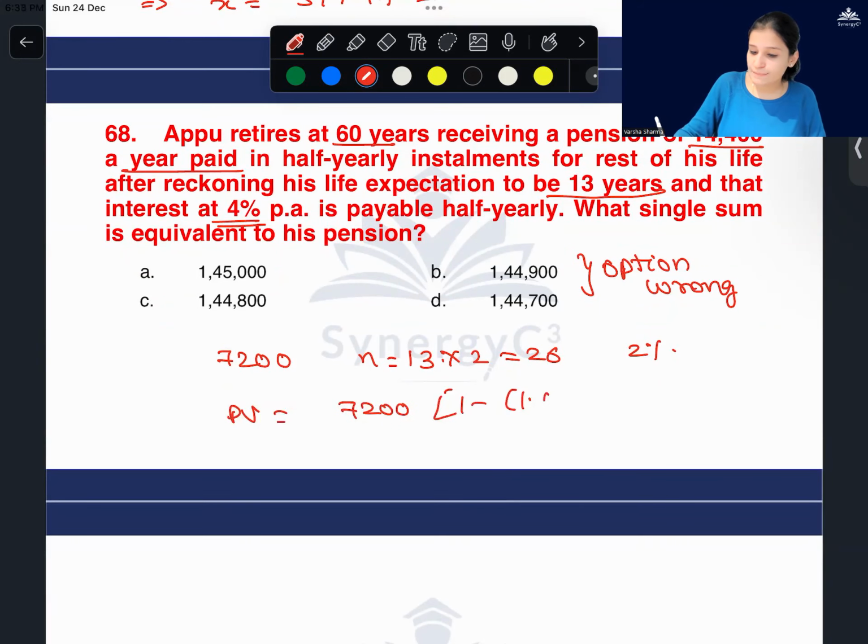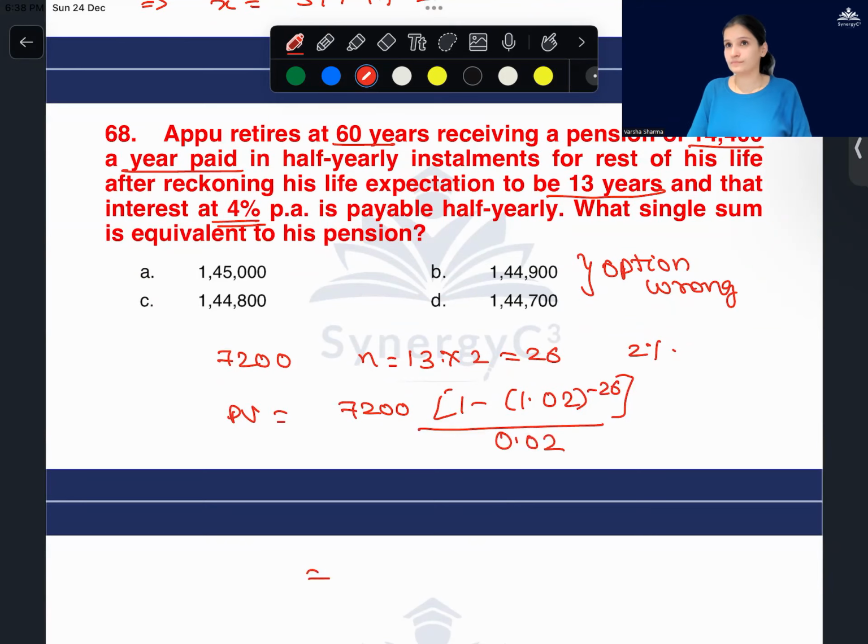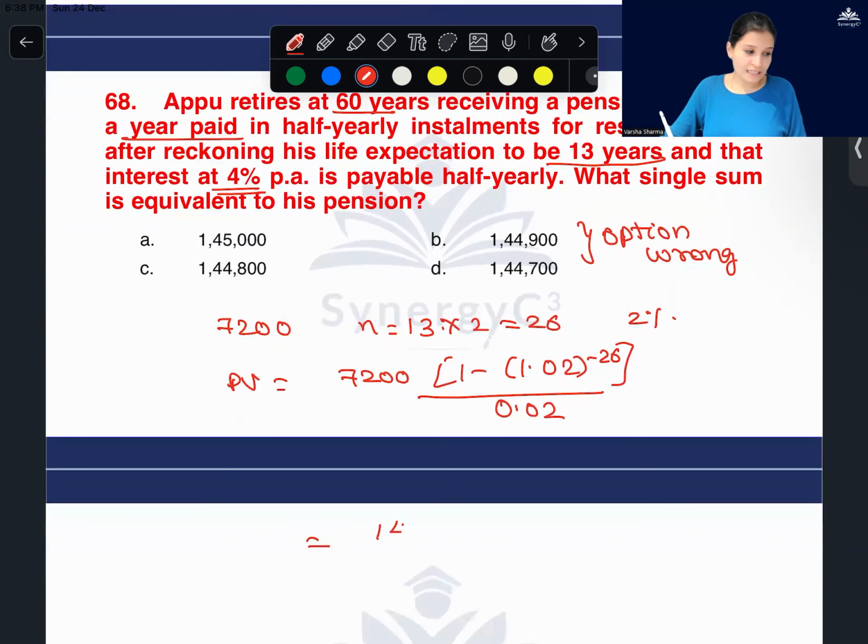Half yearly, so the time period will increase. What's the answer? 144. Done.